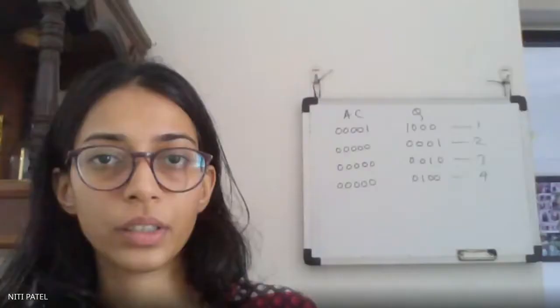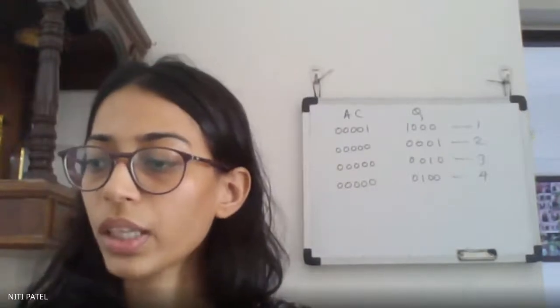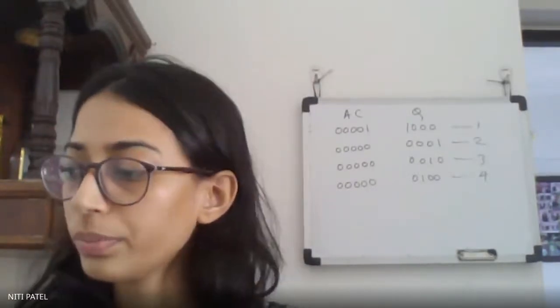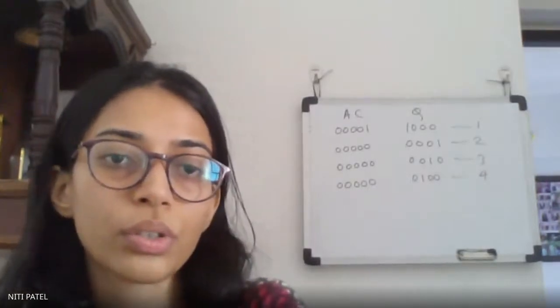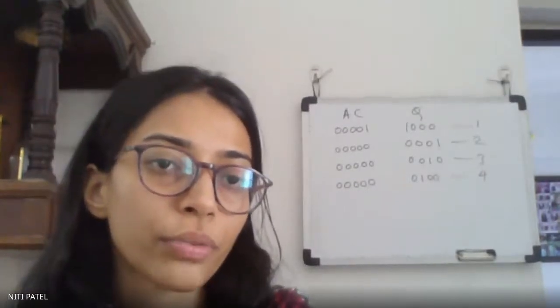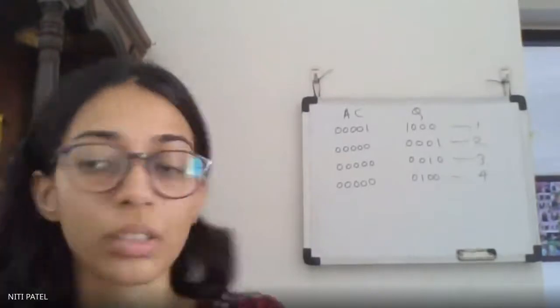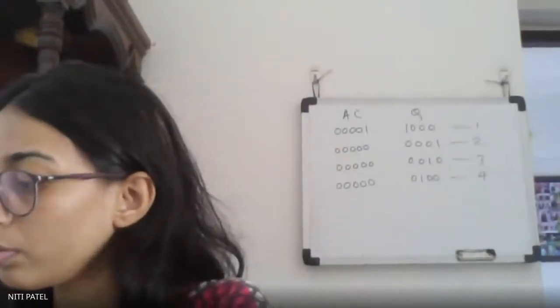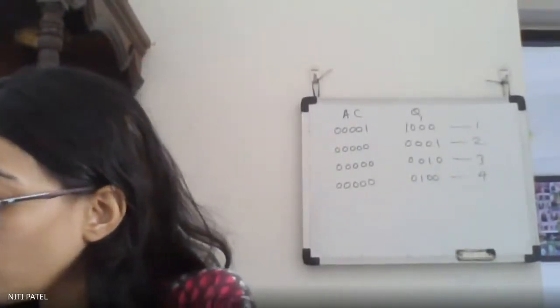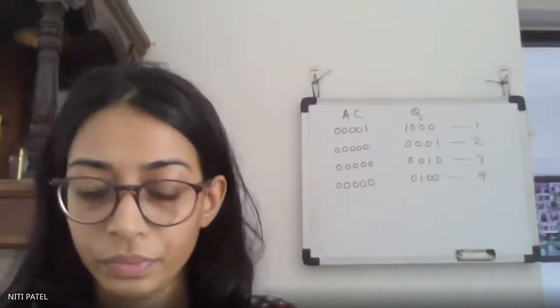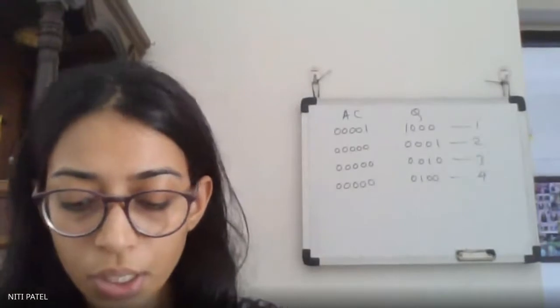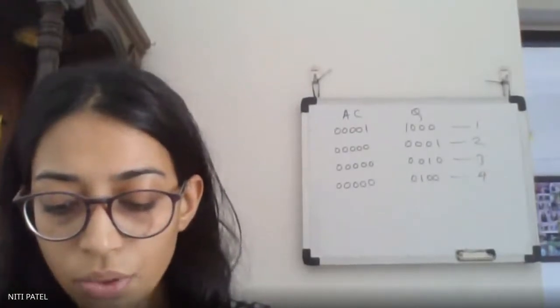Check your results with the cycles written on the board. Second cycle, all zeros in AC, Q as 0001.